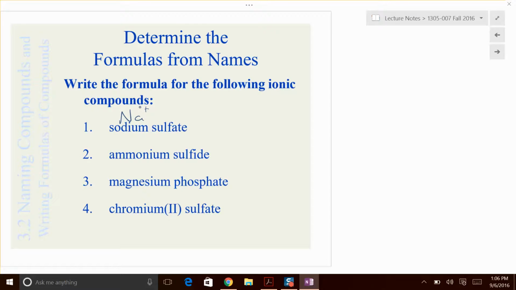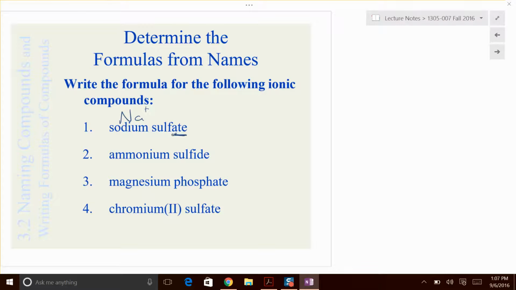But what is the formula for sulfate? Do you see this ATE? What does that mean? ATE means polyatomic ion. The two endings that are polyatomic ions are ATE and ITE. So if I see ATE or ITE, I go to the polyatomic ion chart. If it's IDE, I go right to the periodic table.